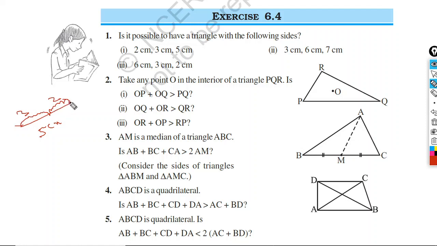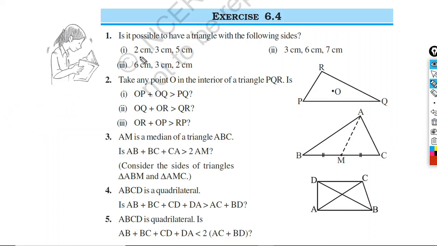If you try to draw a triangle, this arc will be of 3 centimeter, and here the arc will be of 2 centimeter, like this. When you draw this with the compass, the two arcs will not intersect, because 3 plus 2 is 5 and the base is 5, so they will not intersect.